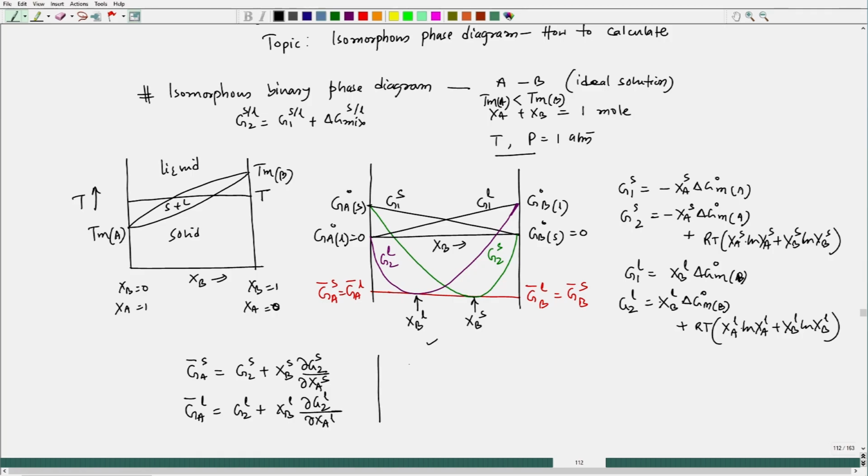So this should be equated, and we will get one equation.